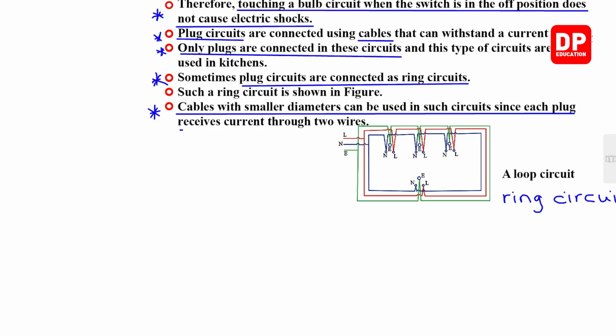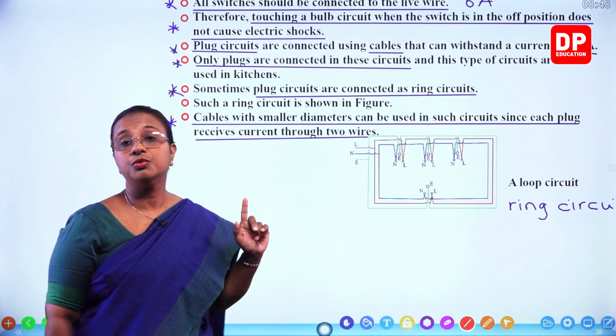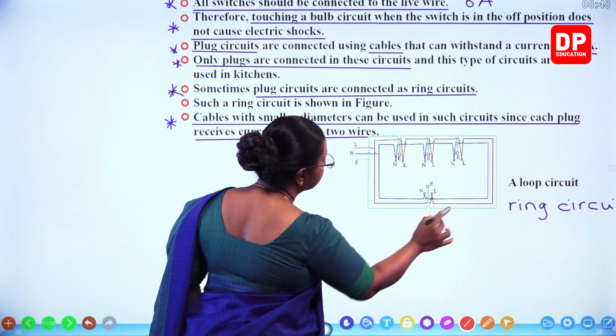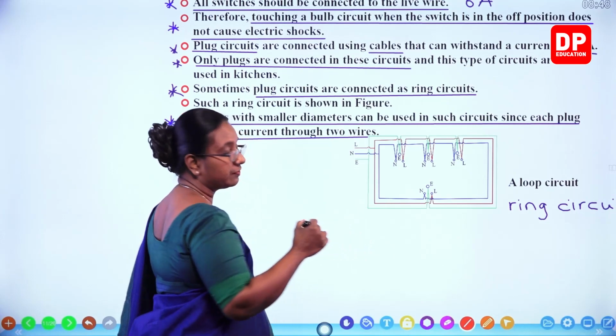Here, like I said, all 3 are connected as a loop. Now, you all know the function of the earth wire.